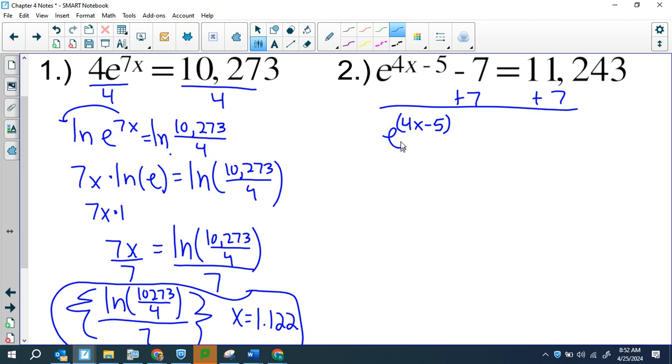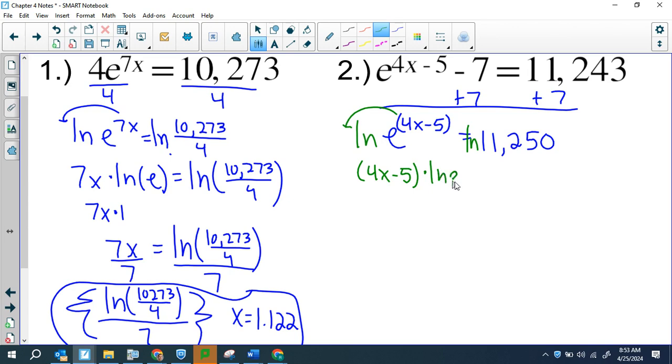It's just a good habit to get into. Then we take the natural log of both sides, because it is an e as our base. That is going to move our exponent out in front. So 4x minus 5 times ln of e equals ln of 11,250.